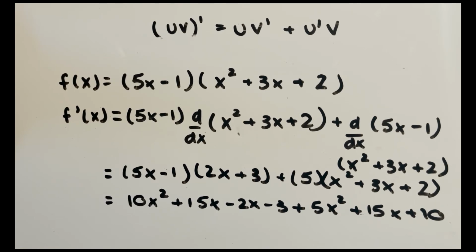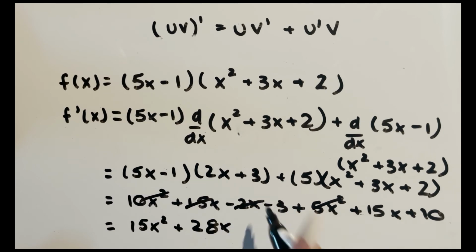Simplifying, we're going to combine like terms, and we'll get 10x squared plus 5x squared, which gives us 15x squared. We've got 15x minus 2x plus 15x, which will give us 28x. So we can cross these out. And then we've got minus 3 plus 10, giving us 7.